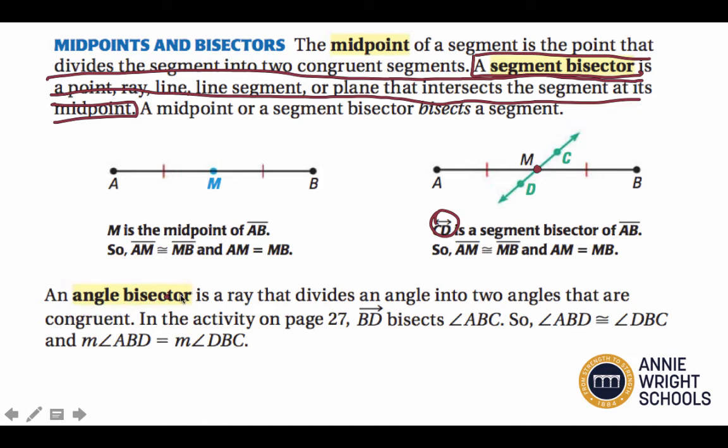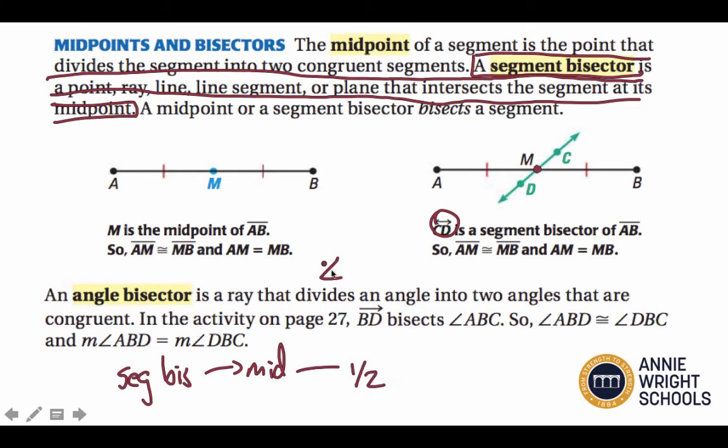For an angle bisector, we're told it's a ray that divides the angle in two. We're gonna do something in geometry called proofs. And in a proof, if we know something's a segment bisector, then we have to say we know the midpoint, then we can say the segments are cut in half.